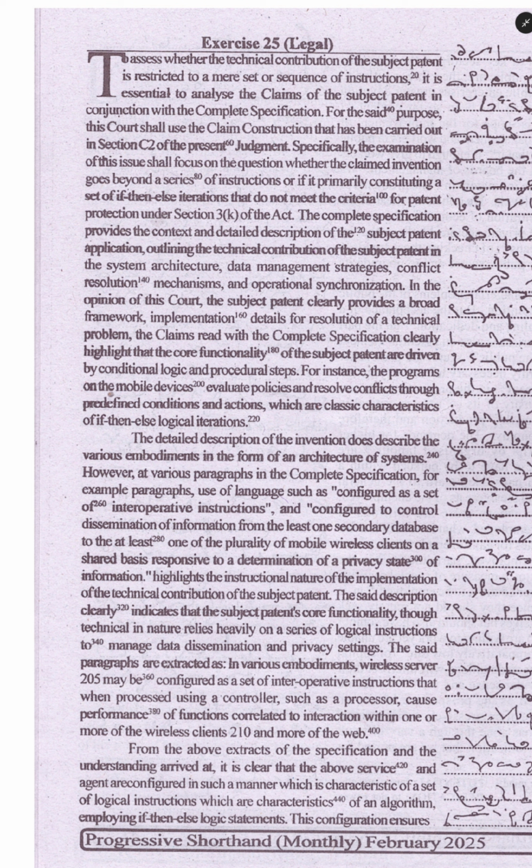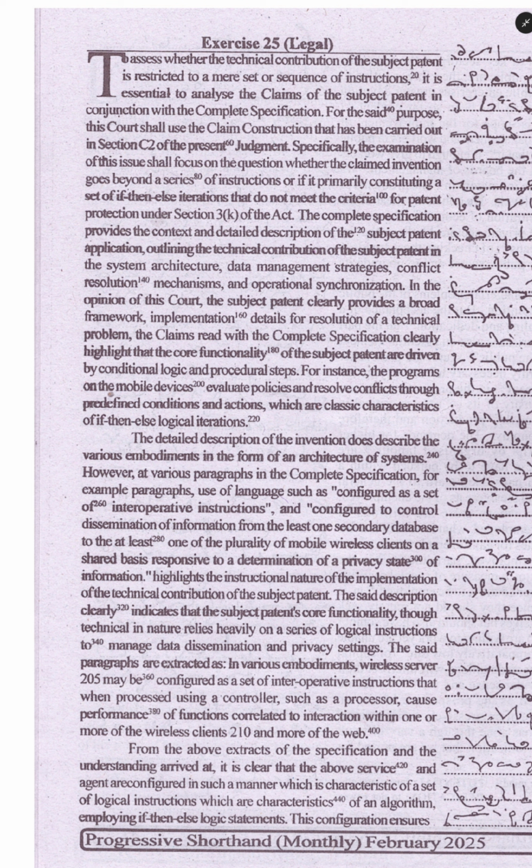The said paragraph is extracted as: in various embodiments, wireless server may be configured as a set of interoperative instructions that, when processed using a controller such as a processor, cause performance of function correlated to interaction within one or more of the wireless client and more of the web.